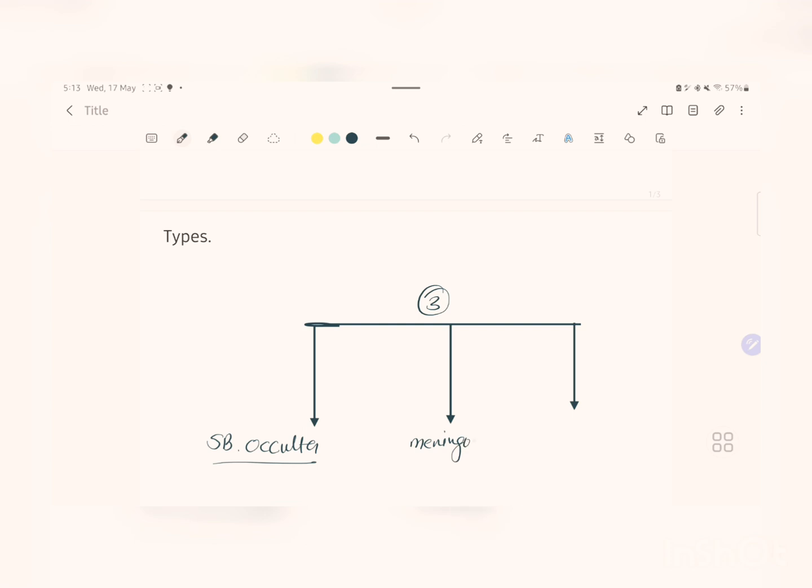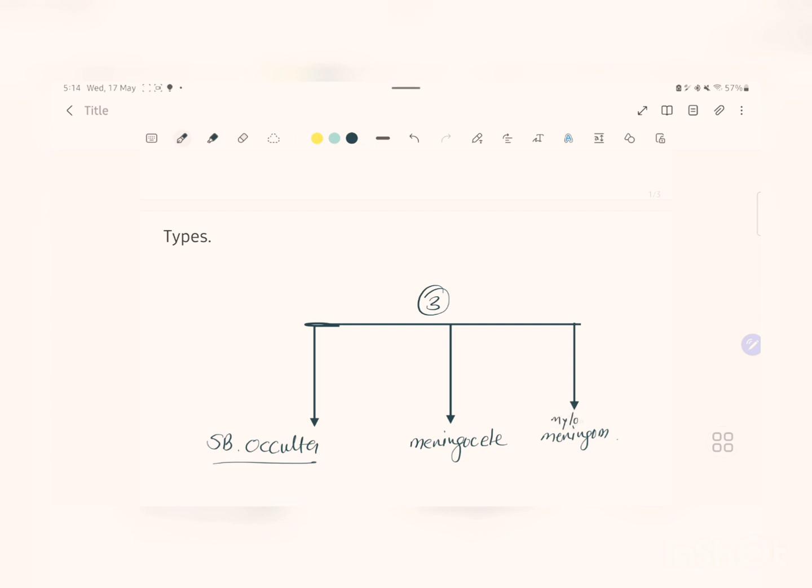And the third type is myelomeningocele. So there are three types: spina bifida occulta, meningocele, and myelomeningocele. We will describe each type in detail.